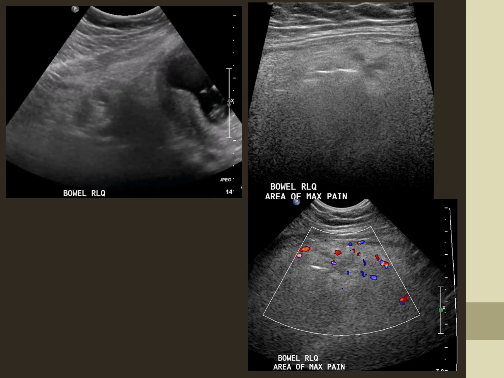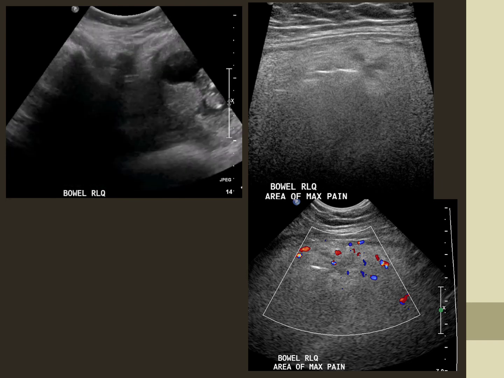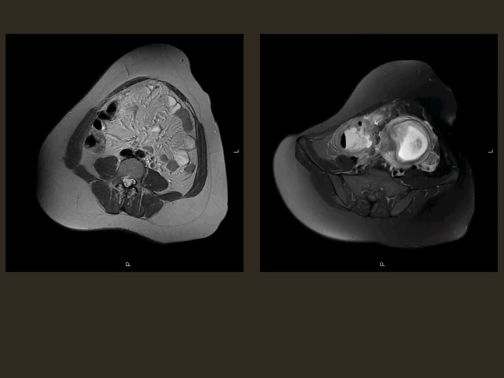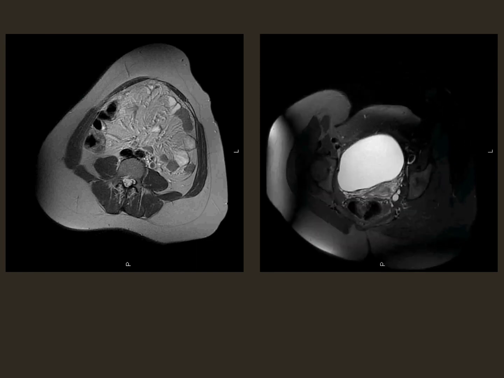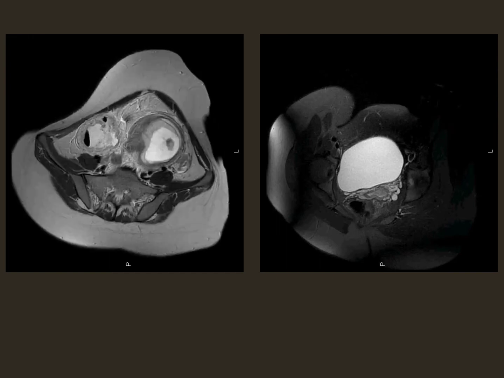There is increased vascularity in the region. Although one could see from the ultrasound in the previous slide that there were signs of massive inflammation, the actual cause was not readily apparent.